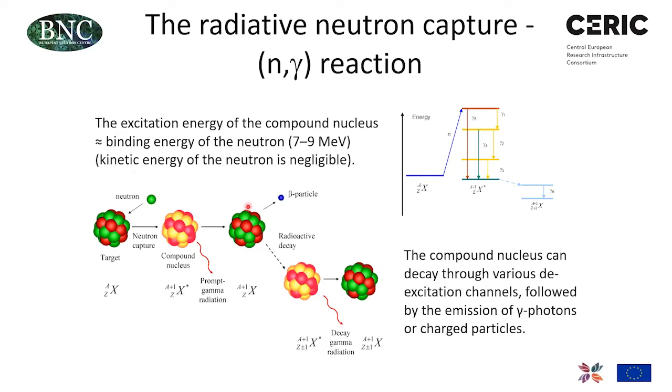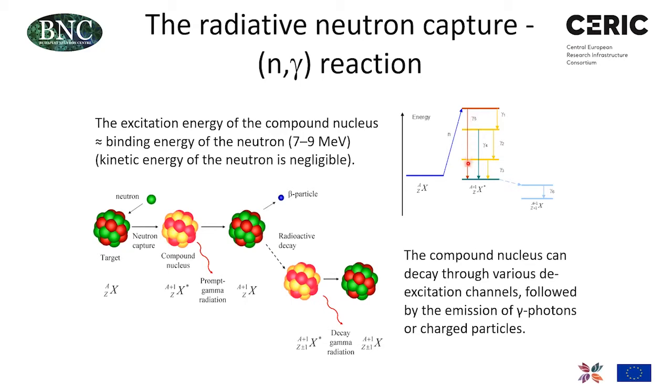And once the neutron is embedded into the atomic nucleus, we create a so-called compound nucleus, which has an excess energy. And it emits this excess energy in the form of gamma radiation, or probably with charged particle emission. But we have nuclear levels, just like electron shells, and in between these nuclear levels, transitions are possible.